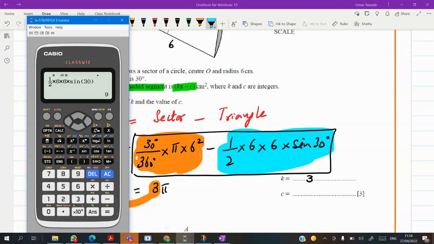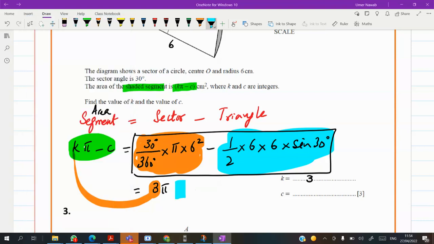Let's get it. It's 9. So if you compare, your segment area is k pi minus c, and I found it equals 3 pi minus 9. So 9 is basically my c.